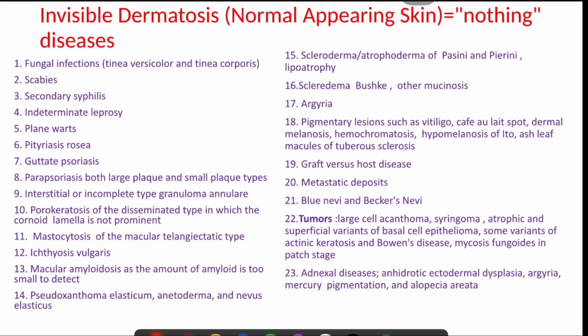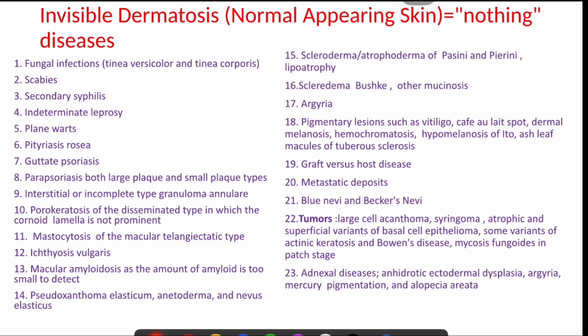Now we have seen all 6 reactions, but sometimes we receive a biopsy where there is normal appearing skin, no pattern is visible, and it looks like there is no disease. It is called invisible dermatosis.